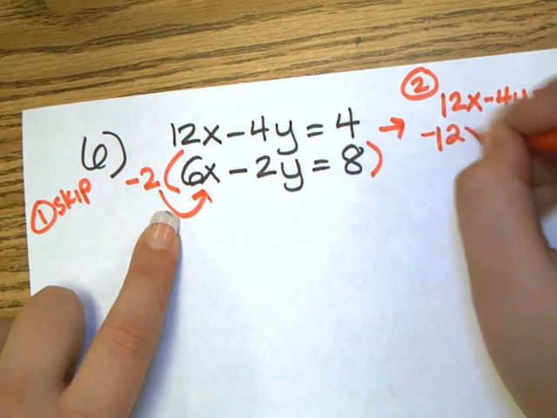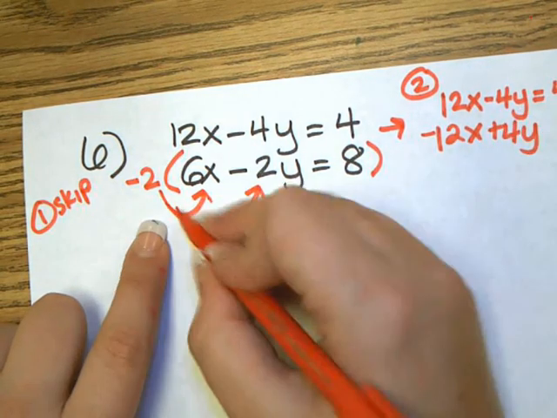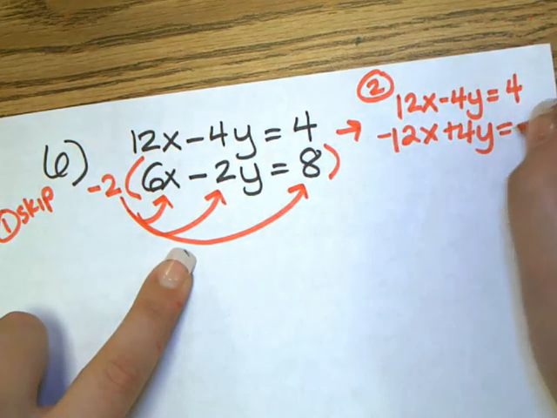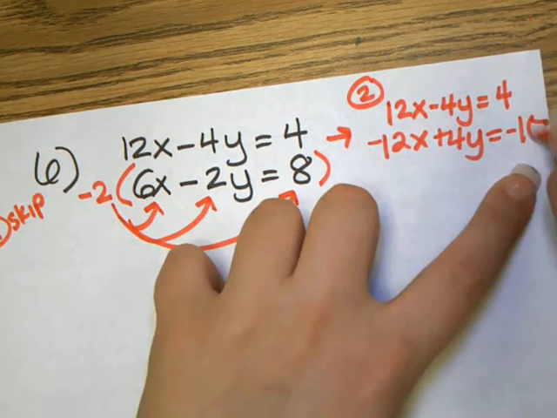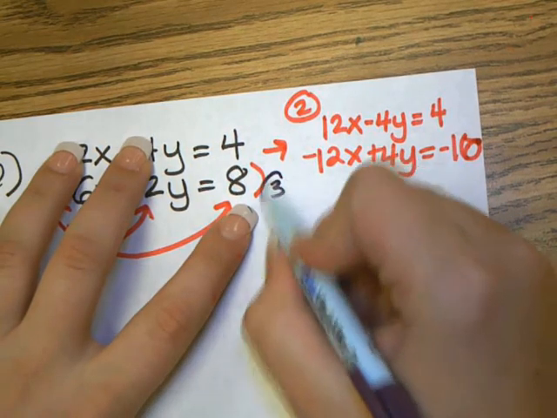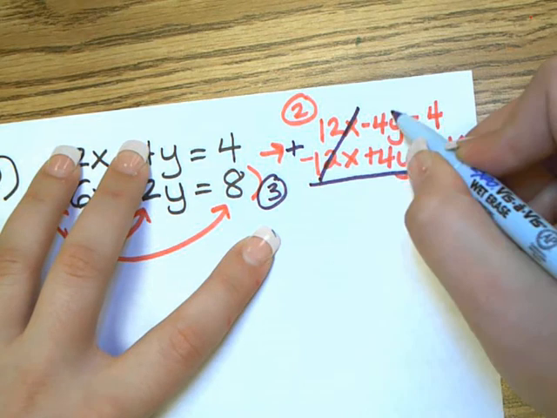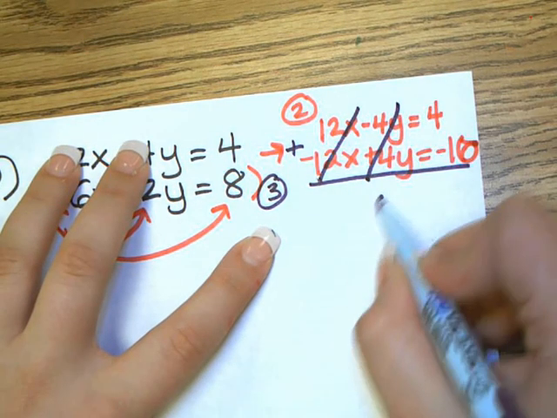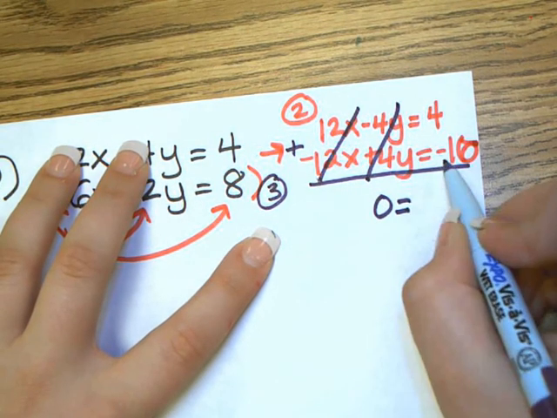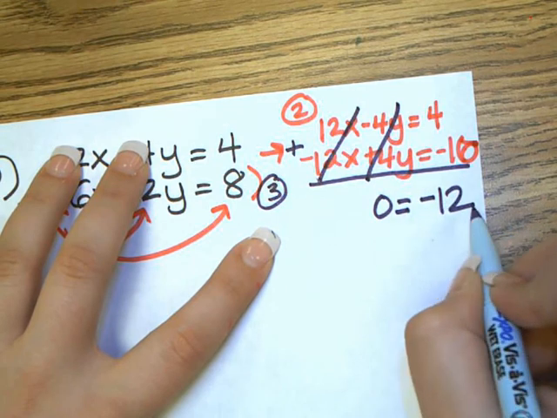They're already lined up. So step 2 is I need to make them opposites. So I'm going to distribute. Negative 2 times 6x is negative 12x. Negative 2 times negative 2 is 4y. Negative 2 times 8 is negative 16. Okay, step 3. We're going to add.